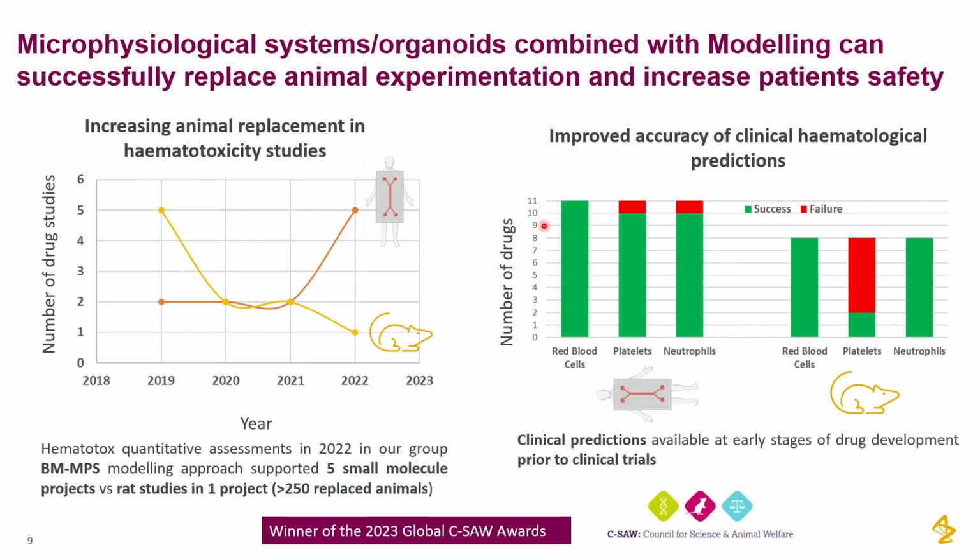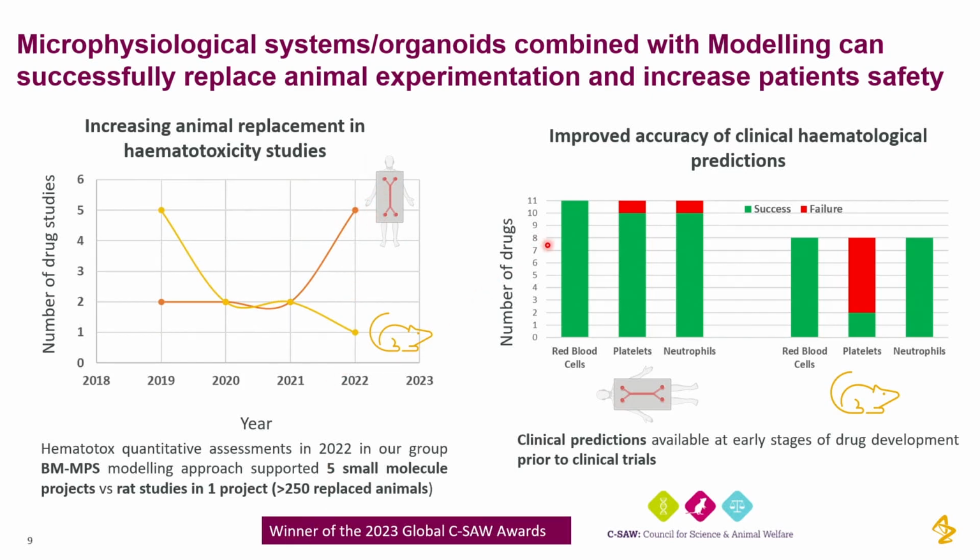And this is just to show you how things have been going in AstraZeneca. In 2019, within the group, the number of iTox studies for hematotoxicity using the MPS were quite low, and we were mainly using the rats. In 2022, this has changed, and we are using more MPS studies than rat studies.